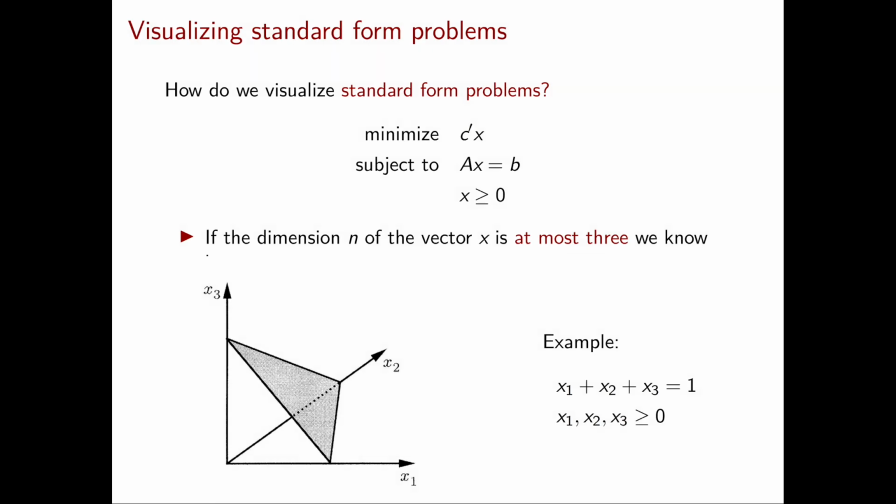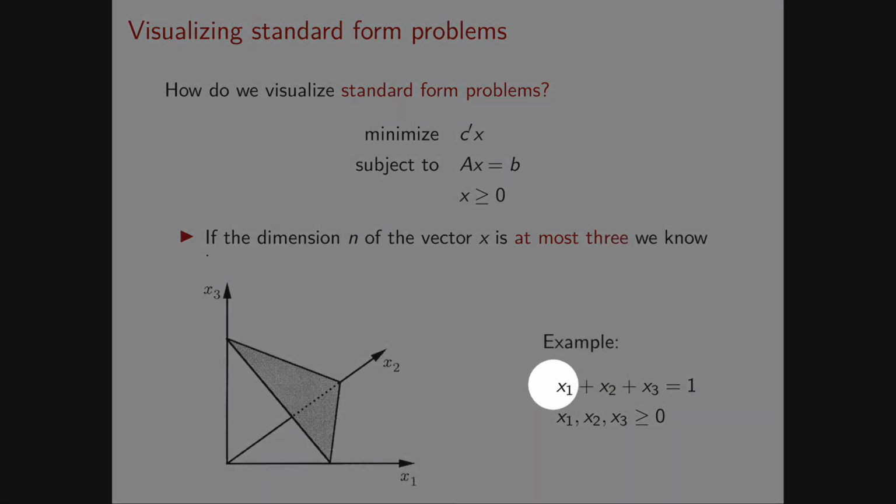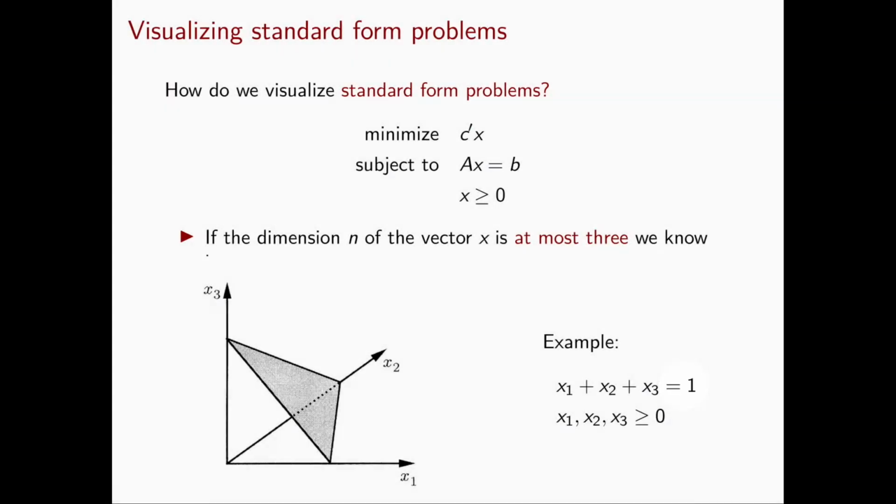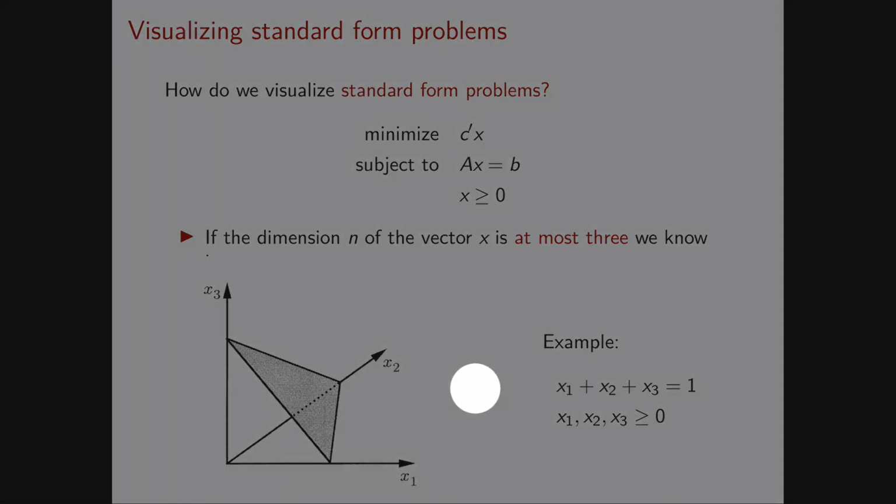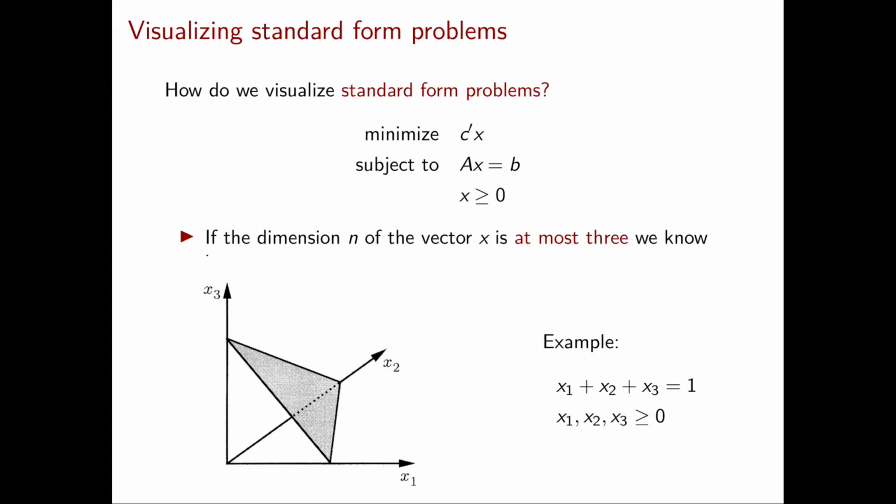If the dimension of x is at most 3, then we know how to do it. For example, if my feasible region is x non-negative and x1 plus x2 plus x3 equal to 1, then we can draw it in dimension 3 and obtain this triangle here with corners (1, 0, 0), (0, 1, 0), and (0, 0, 1).